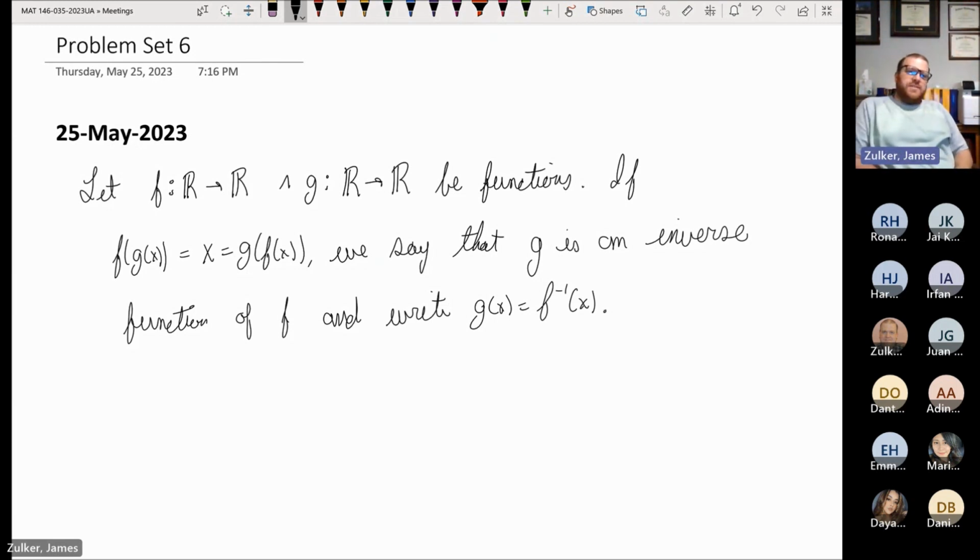So if we have two functions, f and g, and f of g of x and g of f of x both result in just x, then we say that g is an inverse function of f, and we write g of x equals f inverse of x.